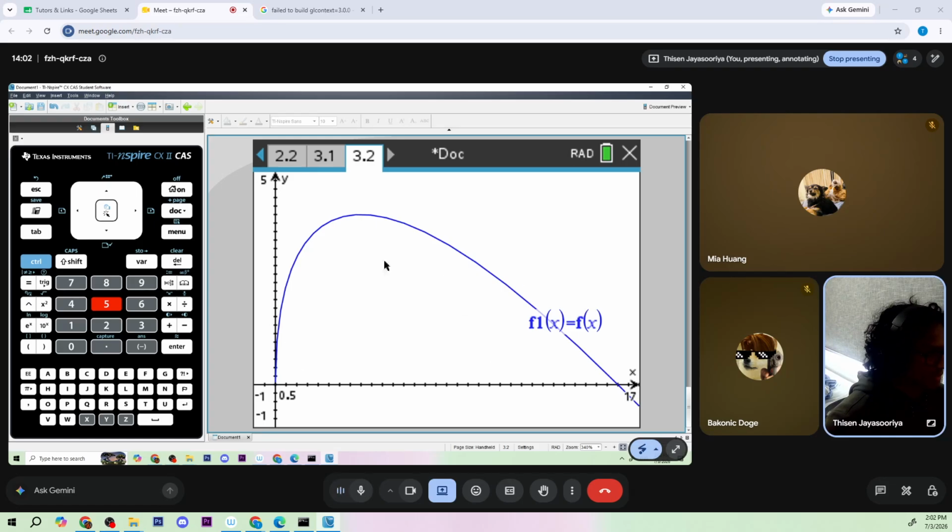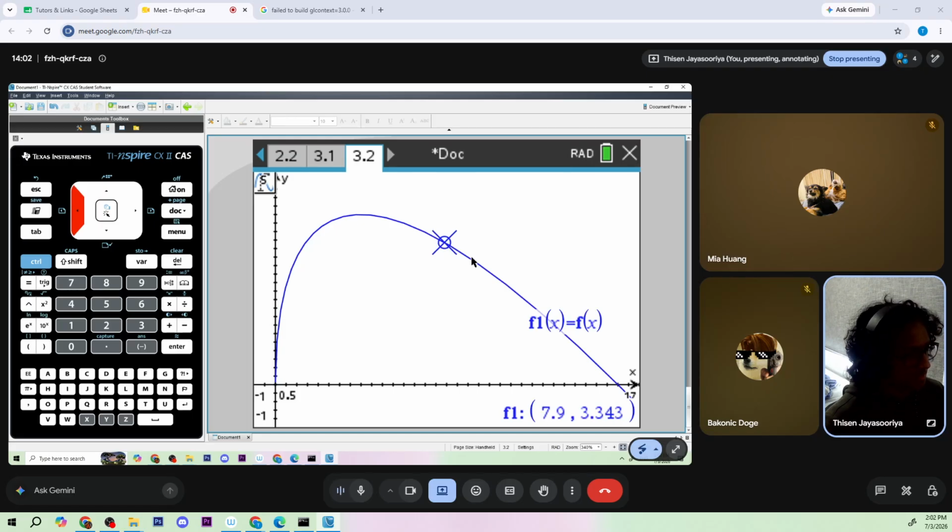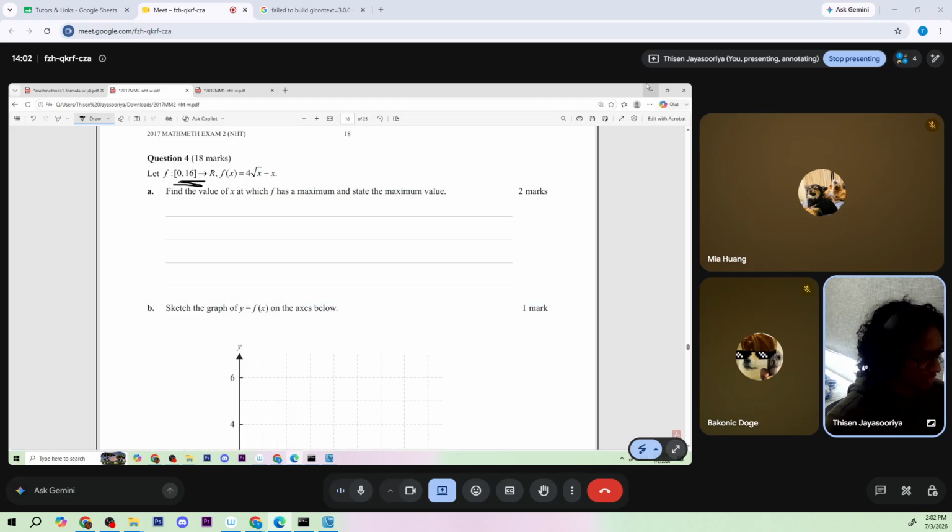And this is what the function looks like. So here we're going to have a turning point up here. So if I do the graph trace, I can see that the maximum occurs at this point at 4, 4. Yeah? So here, x equals 4 is a maximum, at 4.